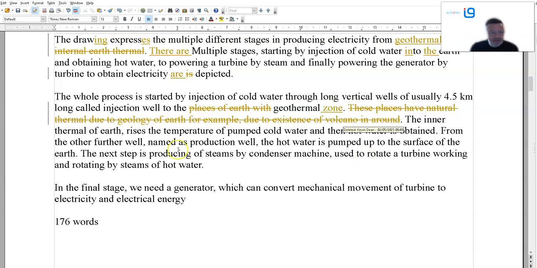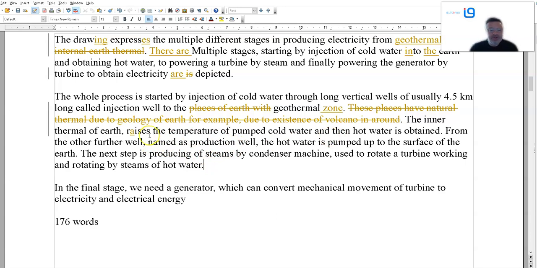Okay? The inner thermal of Earth raises the temperature of the pumped. I don't want to have to rewrite every single one here. So, the inner thermal of Earth, so the geothermal zone, raises the temperature of the pumped cold water, and then hot water is obtained from the other further well, named as production well.